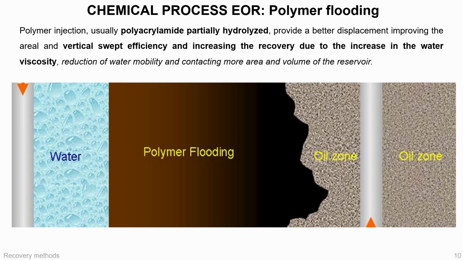In simple words, polymer flooding helps the injected fluid push oil more uniformly instead of fingering through the easiest flow paths. This is especially important in heterogeneous reservoirs where plain water tends to bypass significant volumes of oil.